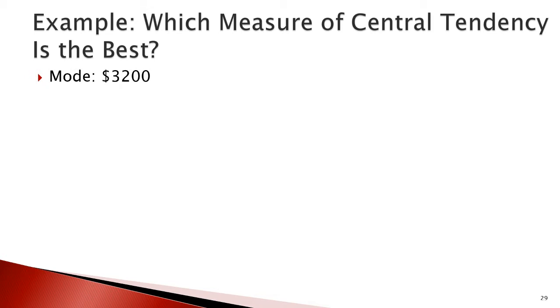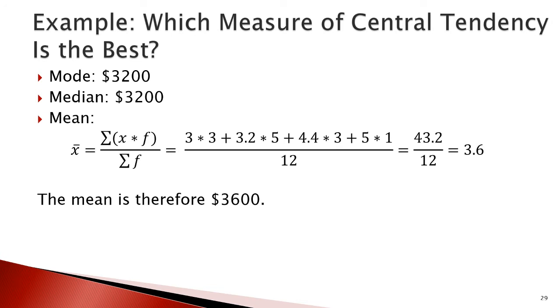To find the median, we write our data points in ascending order, and the middle value of the data set is $3,200. The mean of the data set is the summation of x multiplied by f divided by the summation of f, which gives us 43.2 divided by 12, which is 3.6.